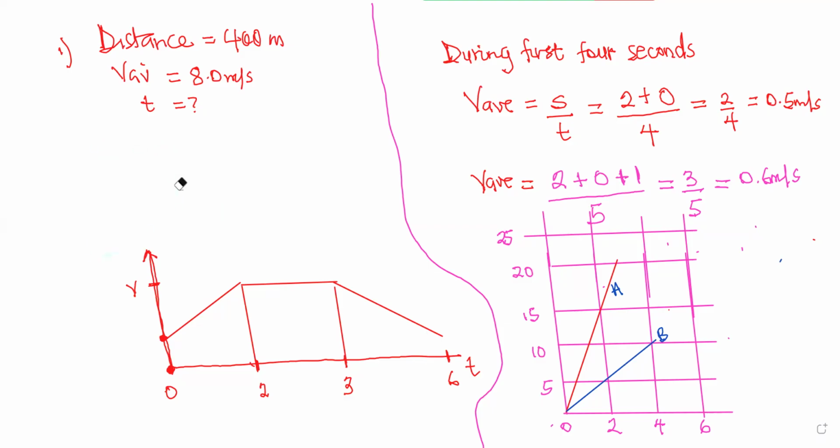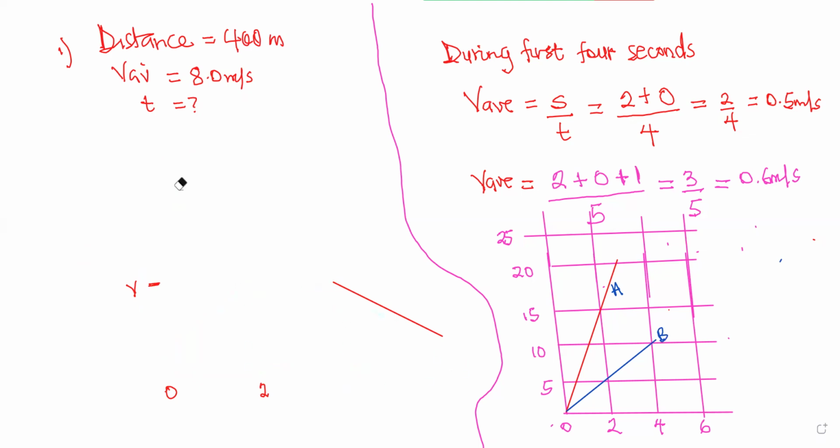So we first determine the acceleration of A and B and draw the conclusion. This is a speed time graph, and the slope of a speed time graph is equal to the acceleration.